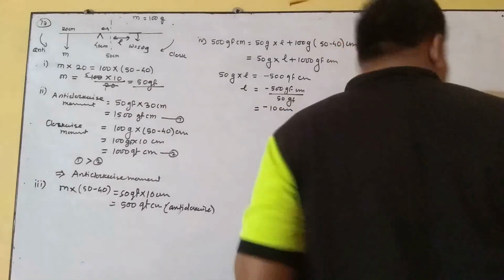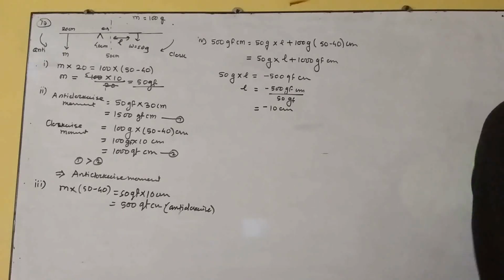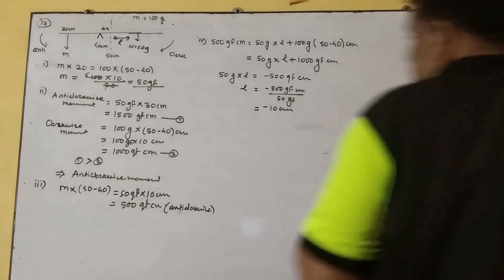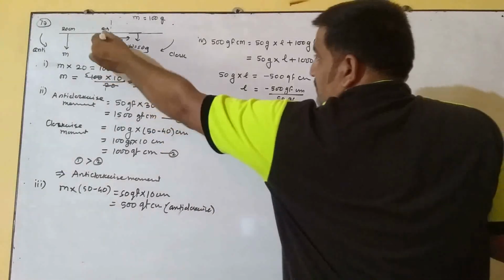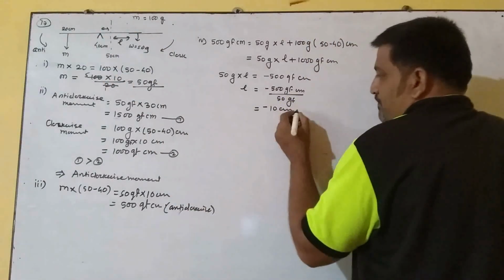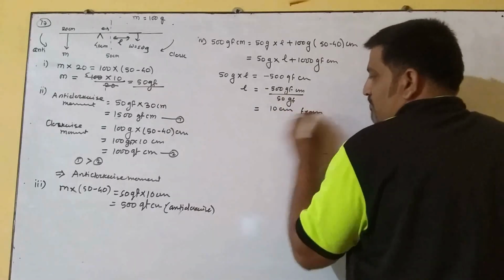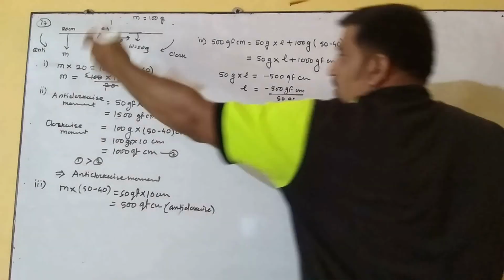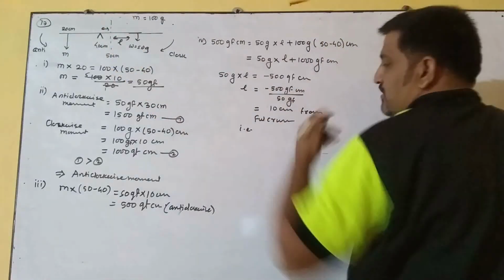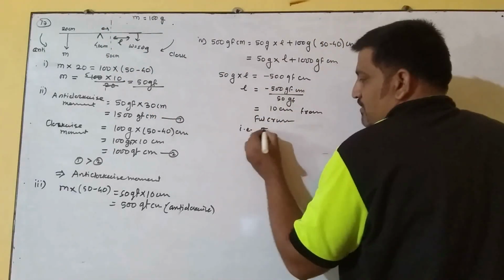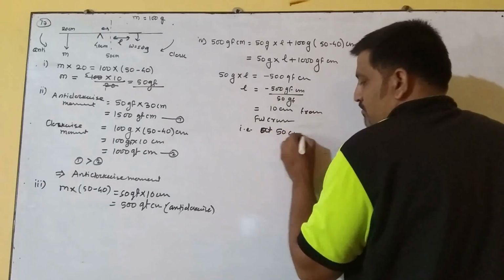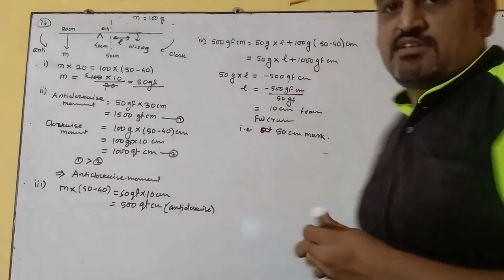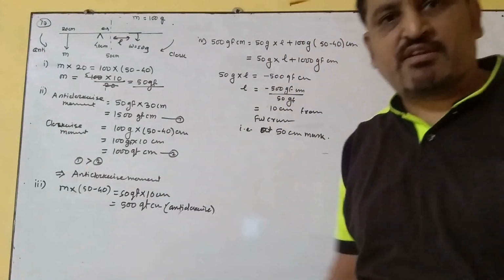So this side 10 centimeters. Let's see the answer. Yes. So 10 centimeter from the 40 fulcrum. The fulcrum is at 40 centimeter, so 10 centimeter, and this side is at the 50 centimeter mark. Okay guys, this way you have to solve the questions, right? Thank you.